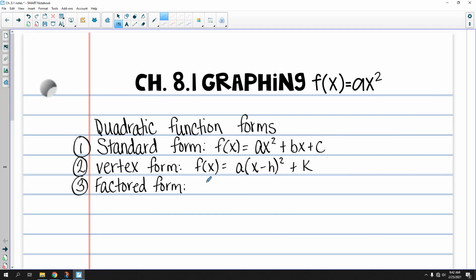This is when it looks like f of x equals a, open parentheses, x minus m, close parentheses, open parentheses, x minus p. So those are the three quadratic function forms.